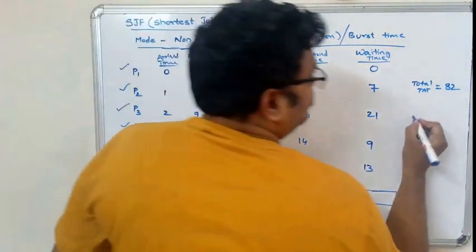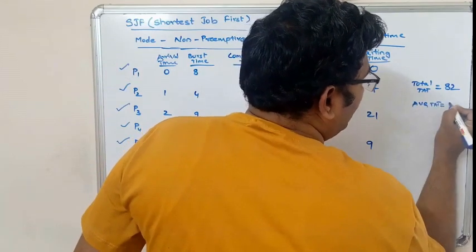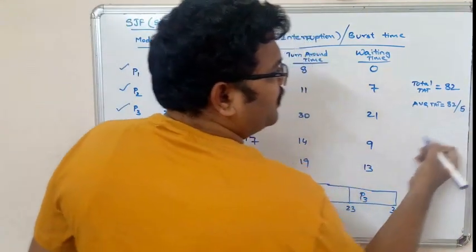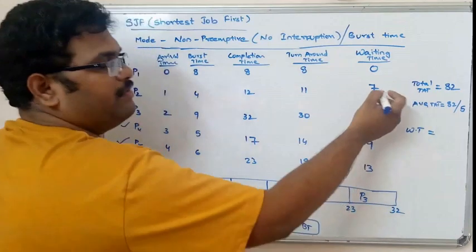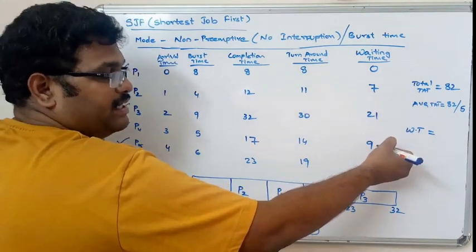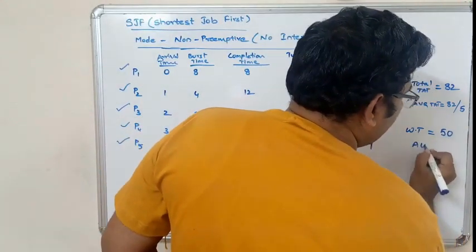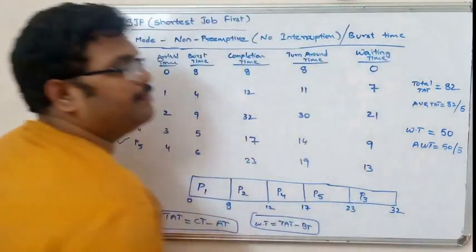Average turnaround time is equal to 82 divided by 5 processes. Similarly, total waiting time is 0 plus 7, 7, 7 plus 21, 28, 28 plus 9, 37, 37 plus 13, 50. So average waiting time is equal to 50 by 5.